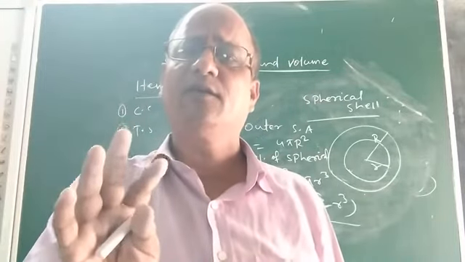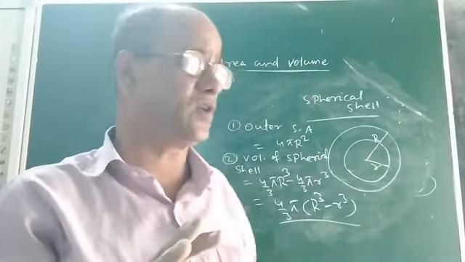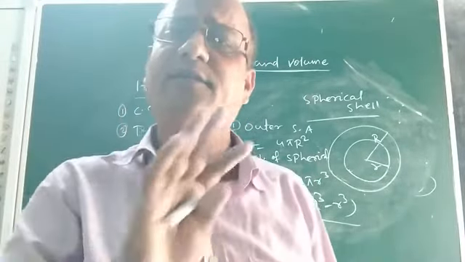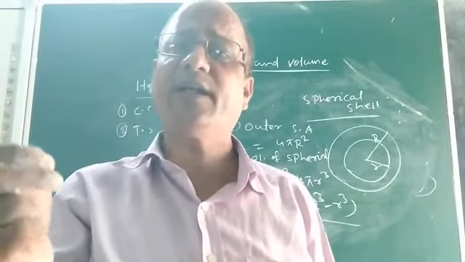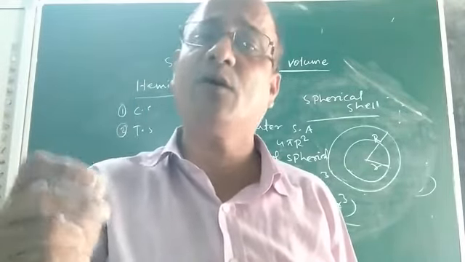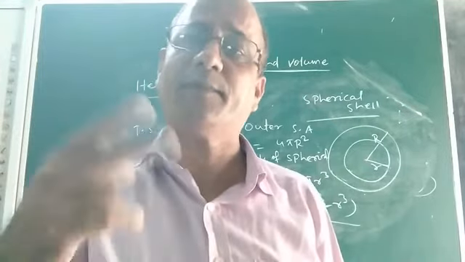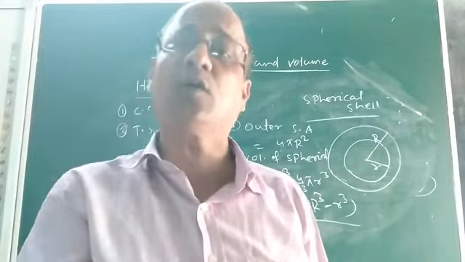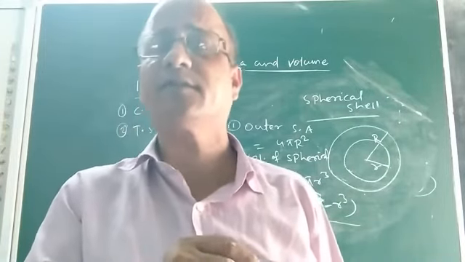In the next class we are going to discuss how to find the surface area and volume of a combination of two or more solids. We shall discuss that in the next class.